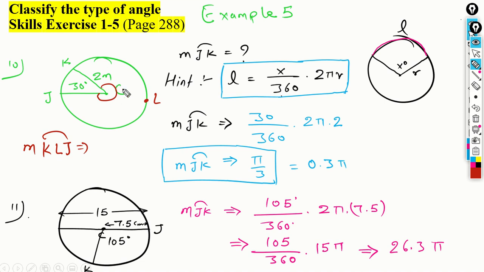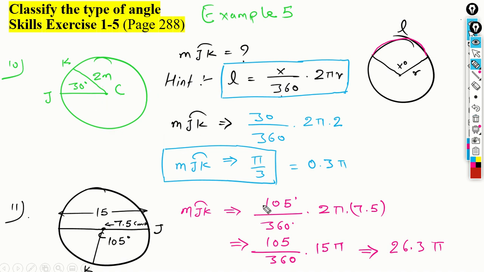Then you need to know this angle, and this angle will be 360 minus 30, because total is 360 and this angle is 30. 360 minus 30 will give you 330. In the formula you put here, divide with 360 multiply 2 pi r. Will r change? Radius will change? No, because the radius is same in the circle. So multiply with 2, and you can solve this, you will get your answer.